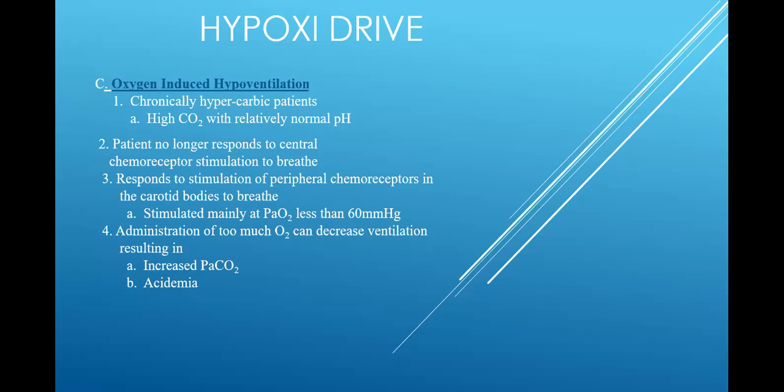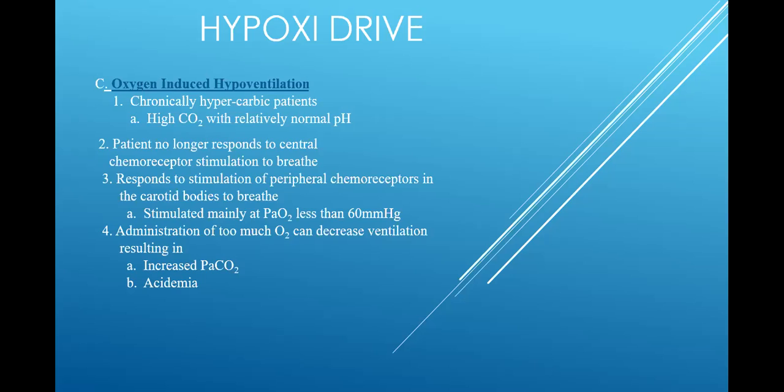They don't work anymore because it's always high. It's chronically high. So now all they have left is the peripheral chemoreceptor. And since they live to be hypoxic, if you give them too much oxygen, you have knocked out the hypoxia, and so now they start to breathe slower and slower until they go into respiratory failure, all right?